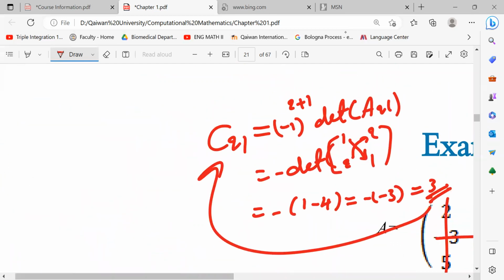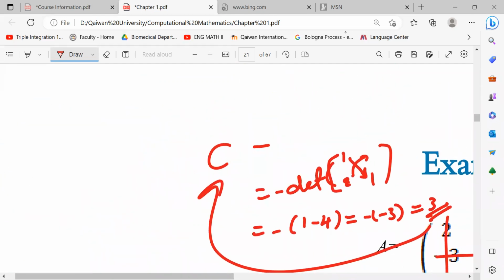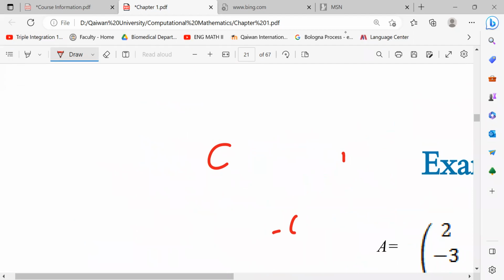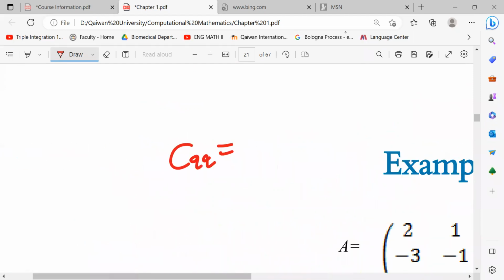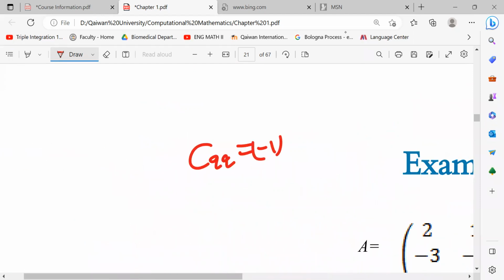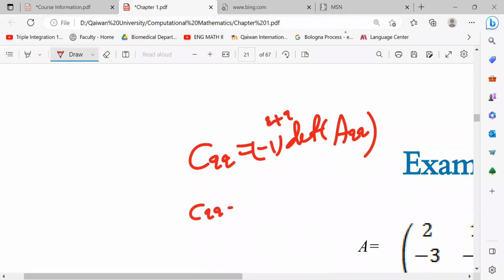Then for C22, you find them all. C22 is -1 to the power 2 plus 2 times the determinant of A22. So -1 to the power 2 plus 2 is 1, because its exponent is even. -1 to the power 4 is 1. Then the determinant of what?